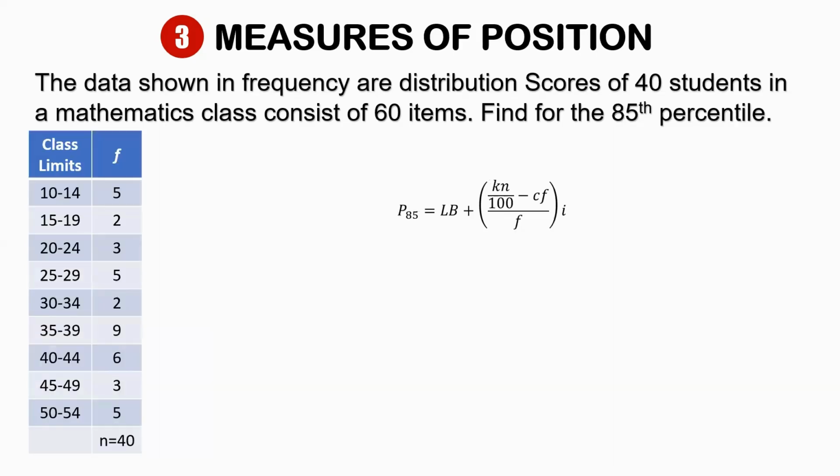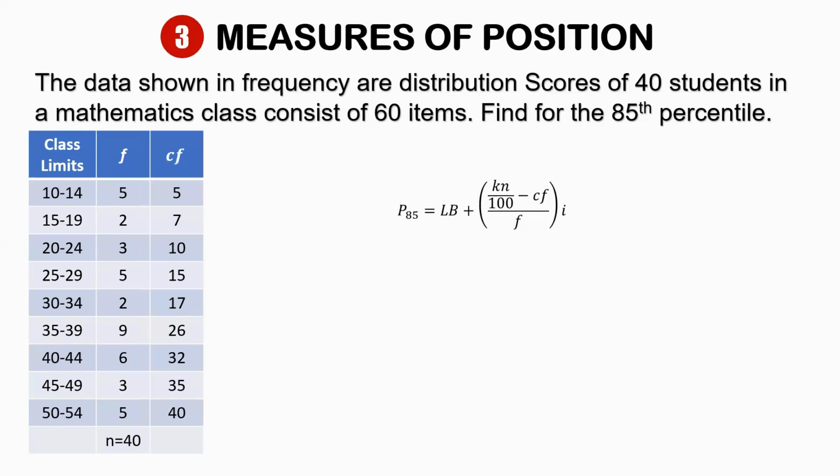Now let us take a look at another example. We are going to find here the 85th percentile. That is the same thing we are going to do in this given example, but right now we are looking for the 85th percentile. We are using the percentile formula: lower boundary plus k times n over 100 minus cumulative frequency divided by the frequency times the interval.